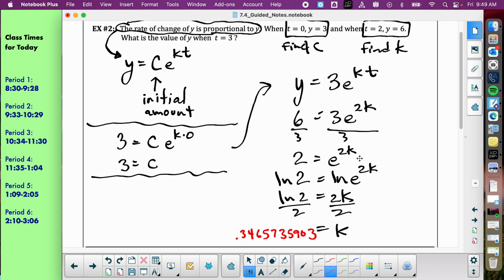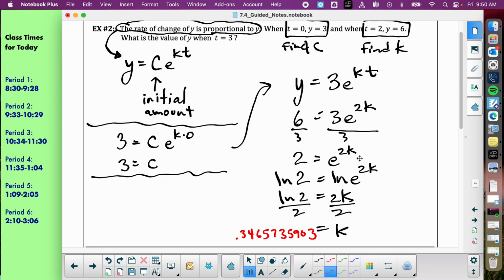Number one mistake you're going to make on exponential growth and decay problems is to round the k value. Me personally, I don't usually even round it. What I traditionally do is I will put ln of 2 over 2 in place of k, or ln of square root of 2. If you don't like writing it out, you can simplify the natural log.